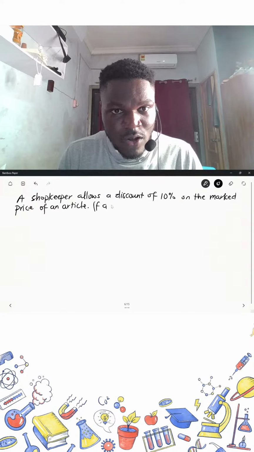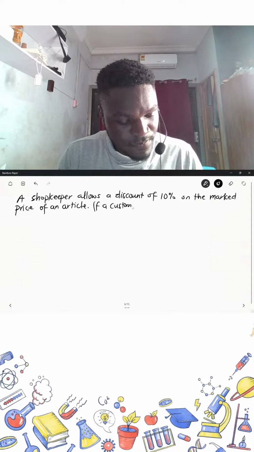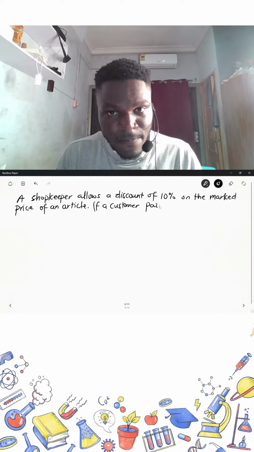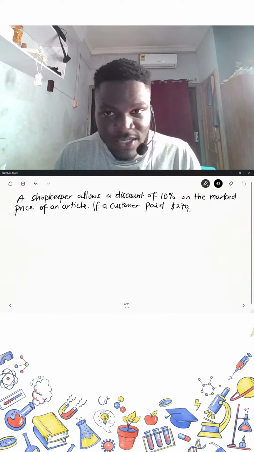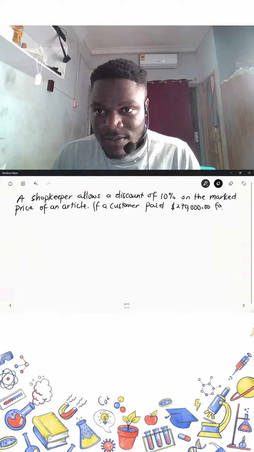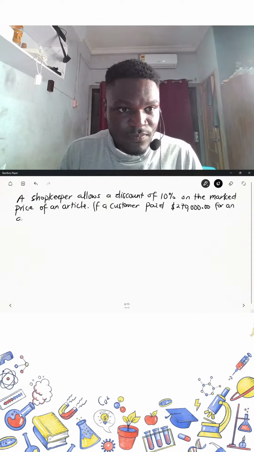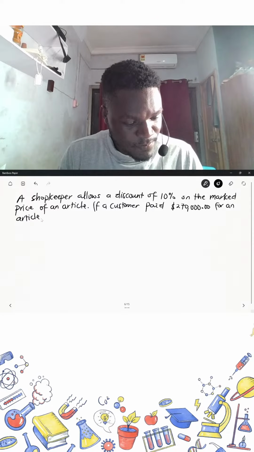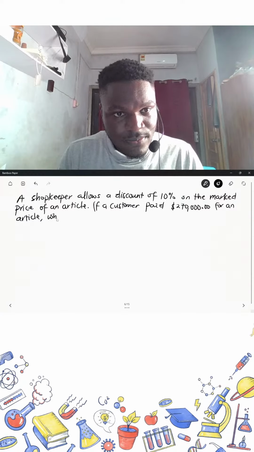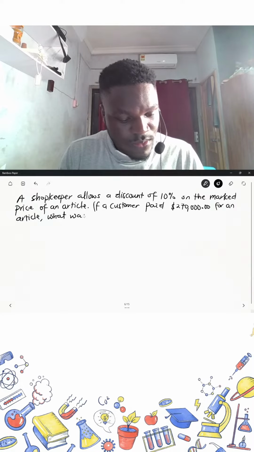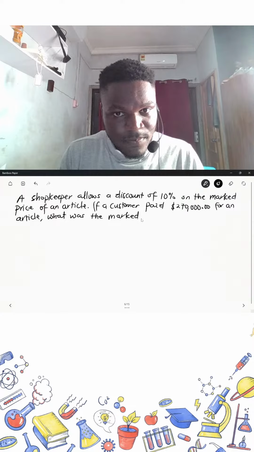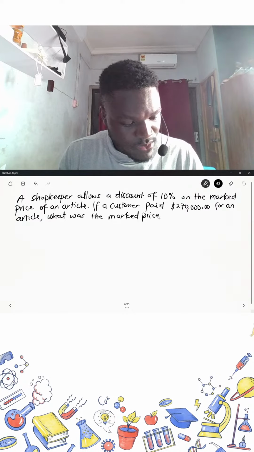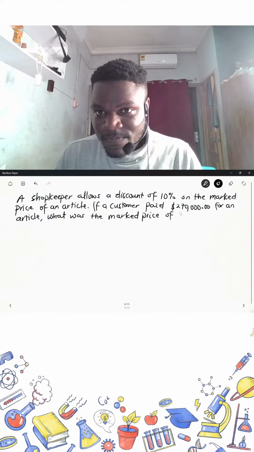If a customer paid 270,000 for an article, what was the marked price? What was the marked price of the article?